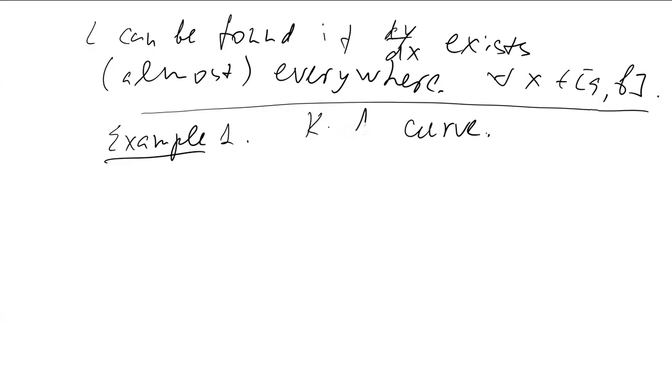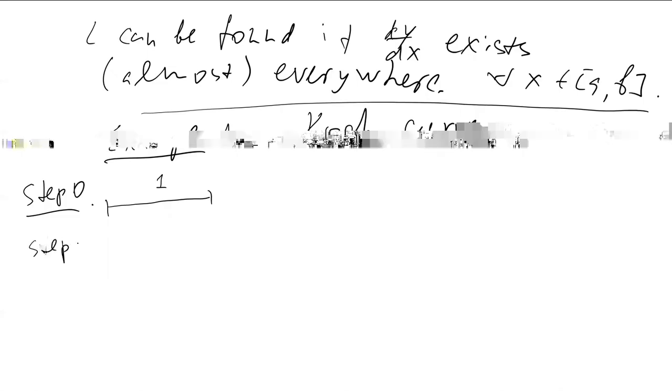It is built like this. We take a segment of length 1. So we call it step 0. We start with a segment of length 1. Then at step 1, we remove the middle third of this.